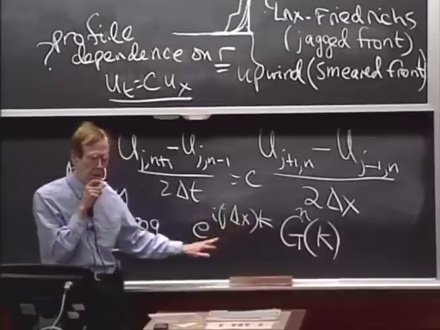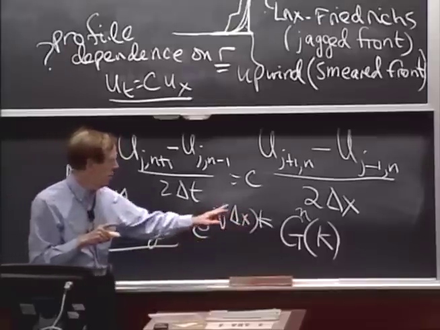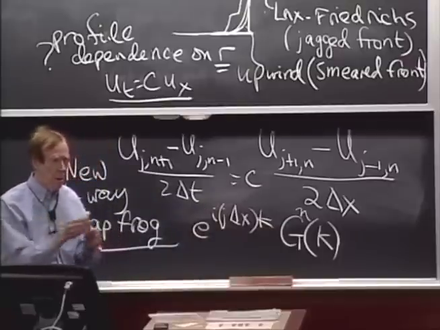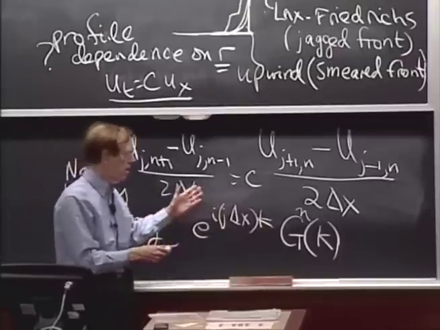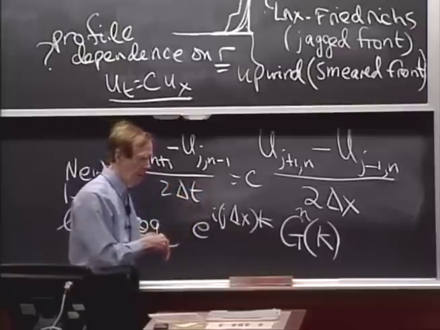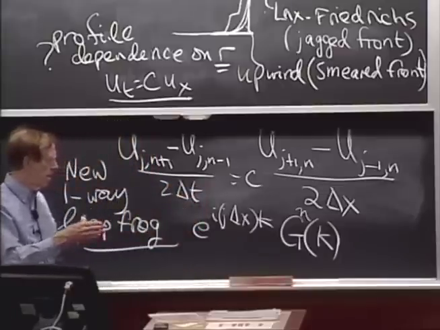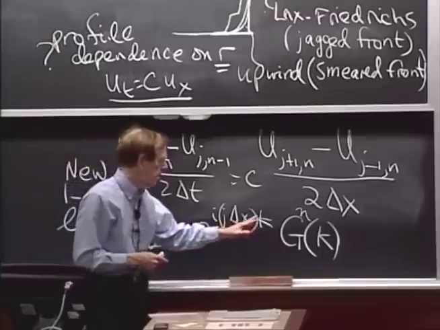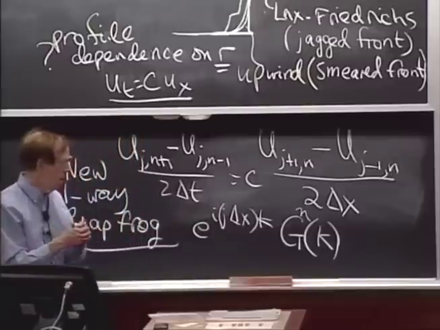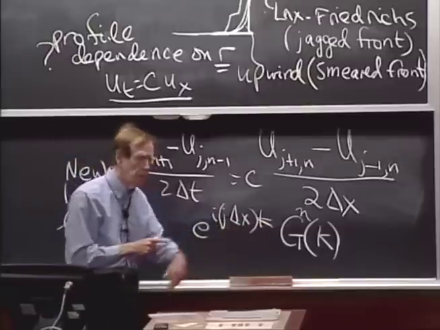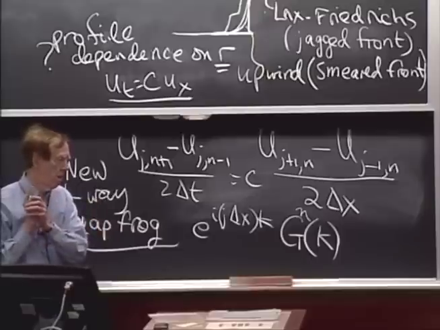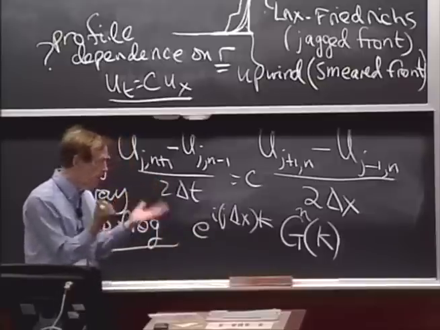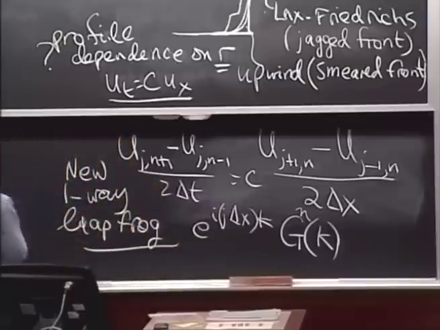I think you'll find that for this guy, the absolute value of g is exactly 1 while it's stable. Of course, if the Courant condition is violated, then there's no way it could be stable, and g's will be bigger than 1. But I think in the stable range, this g will have absolute value exactly 1. So it'll be on the unit circle, and you don't have much leeway, right?